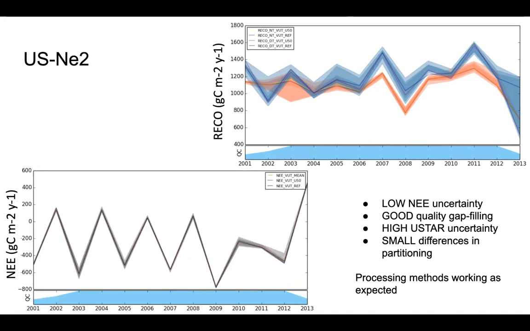So, looking into a little bit more detail, from the point of view of how the processing is working for a site, there are a few things that we can look at to estimate if the processing is working well or not. This case is an example where everything is working pretty well. We have low uncertainty for NEE, that's what you're seeing here.